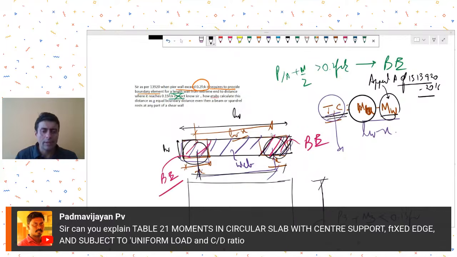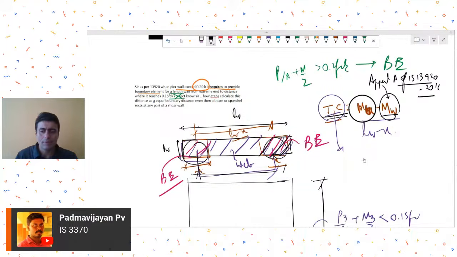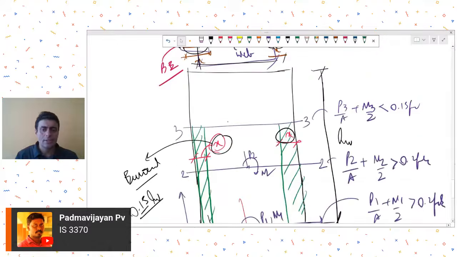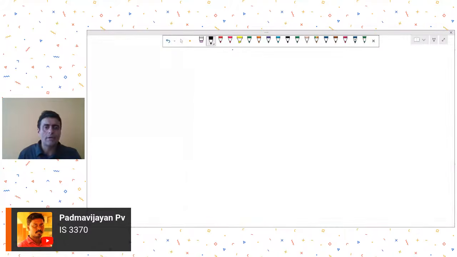Can you explain table 21 moments in circular slab with center support fixed edge? See, in our course on liquid retaining structures, we have covered these circular tanks and explained in a lot of detail how to do these calculations. So probably you could have a look at that.